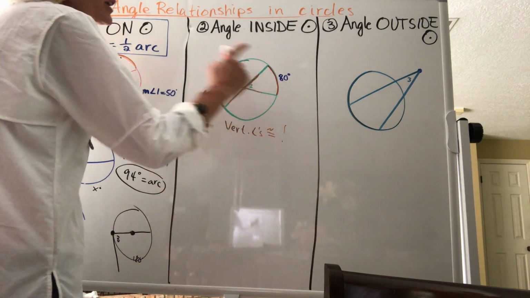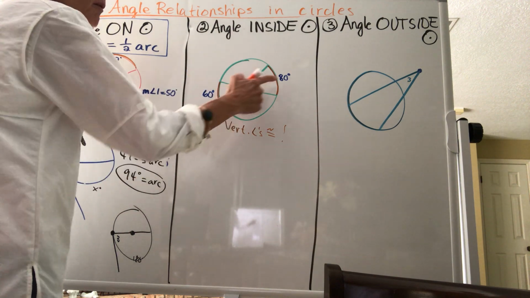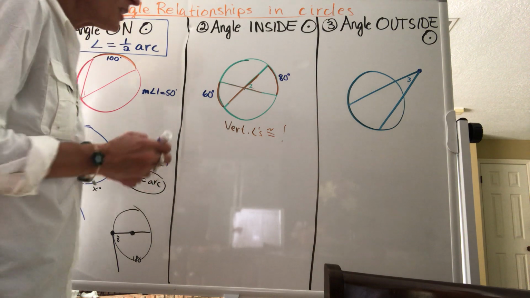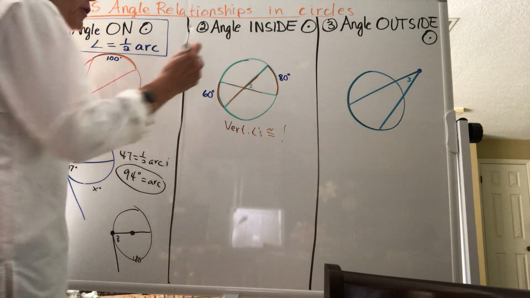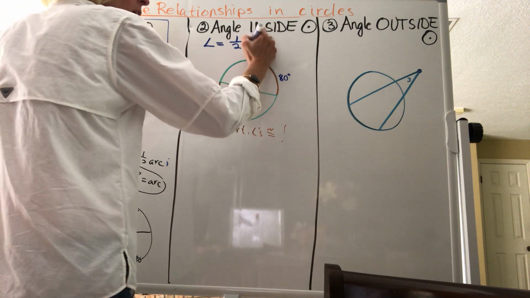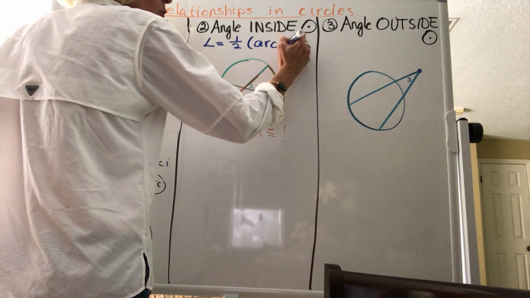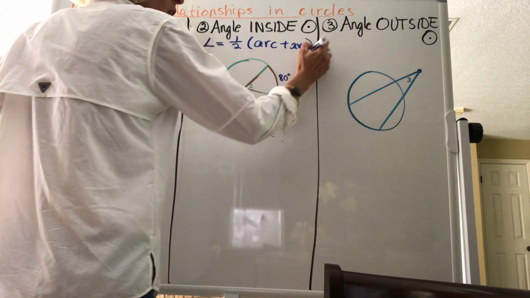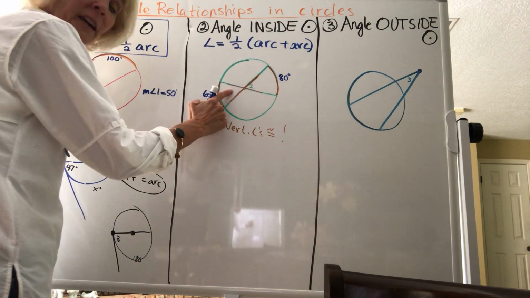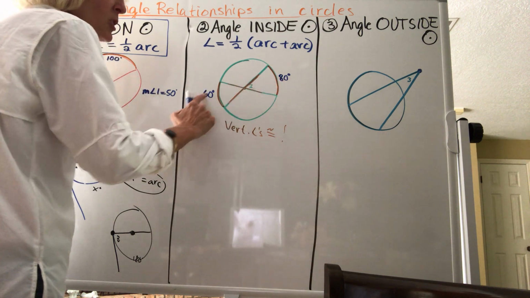Okay? So now we're going to say, okay, how am I supposed to get it? Well, you can kind of guess as to where we're going to get at now. It's not going to be 80, it's not going to be 60, but our formula, our angle is equal to half. Add the two arcs across from the vertical angles. So you always just go from the vertical angle opposite and say, okay, add the two arcs here.